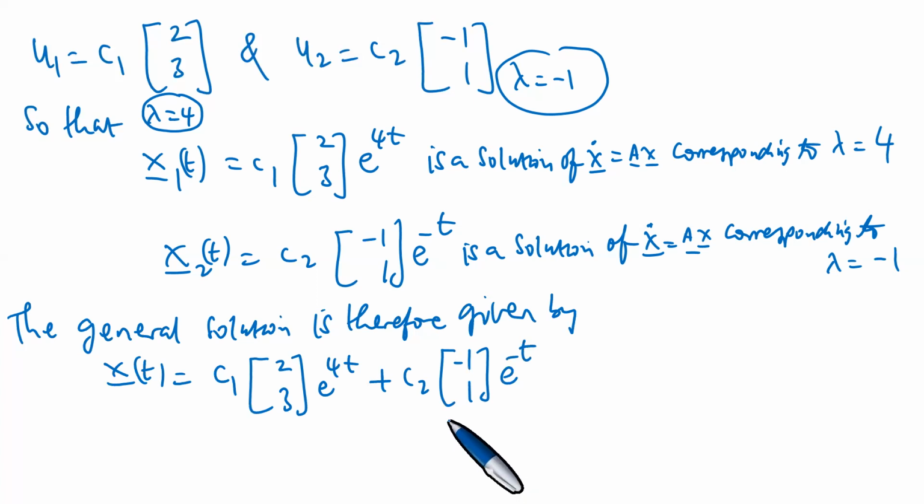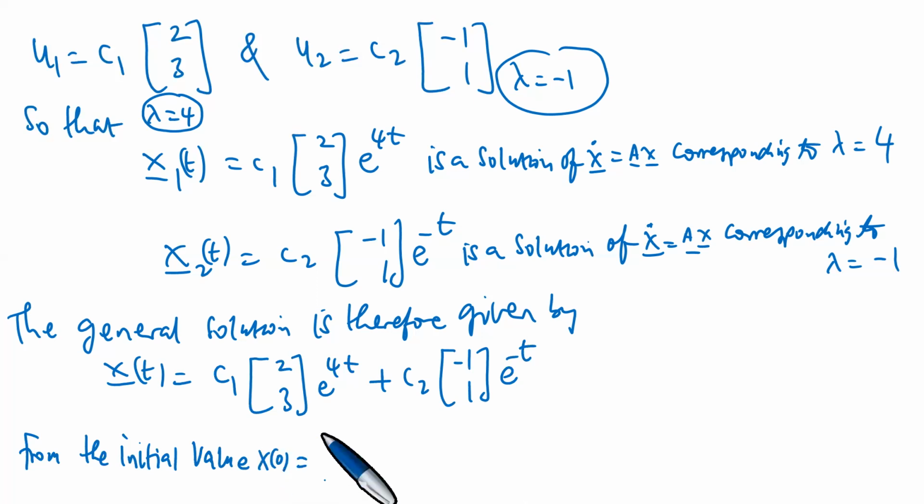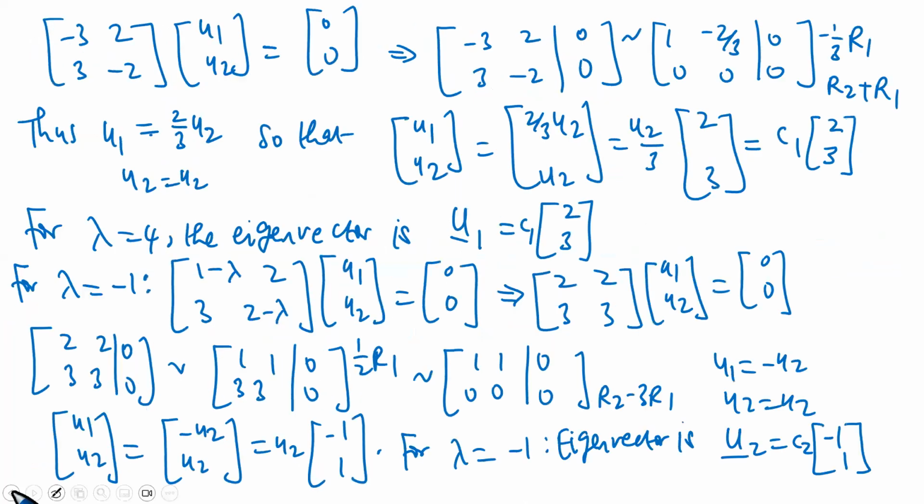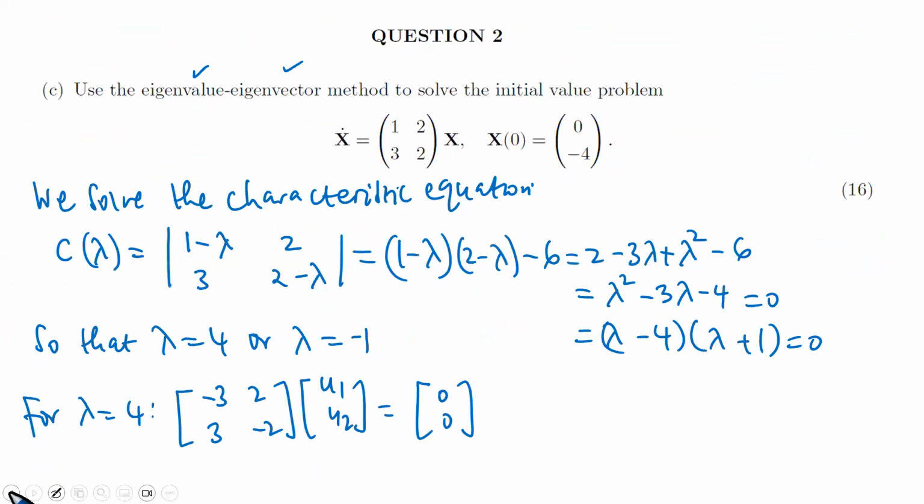So this is the general solution. From the initial condition, from the initial value, okay, x0 is 0, minus 4.